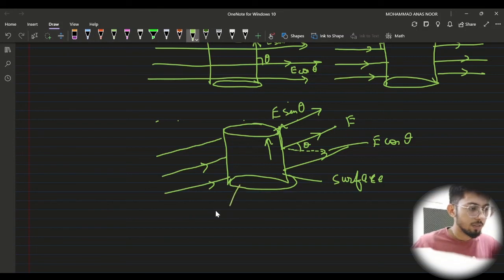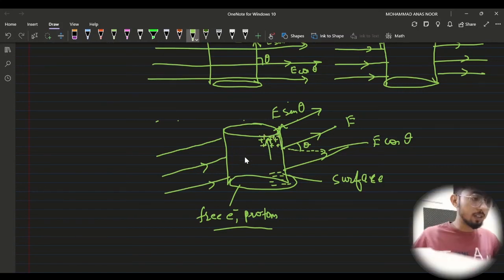See, this conductor has free electrons and holes, free electrons and protons. If there is an electric field along the surface, then what will happen? Those electrons would be dragged down to the bottom, and all the positive charge would move in the direction of the electric field along the surface. I am talking of the surface only, not inside, remember.